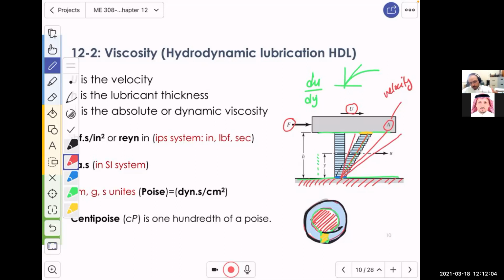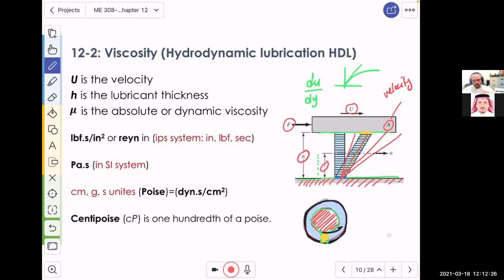This slope characterizes something here. And just before we talk about what this slope is, I want to tell you that the height here, h, is the maximum thickness, the gap between the journal and the bearing below.